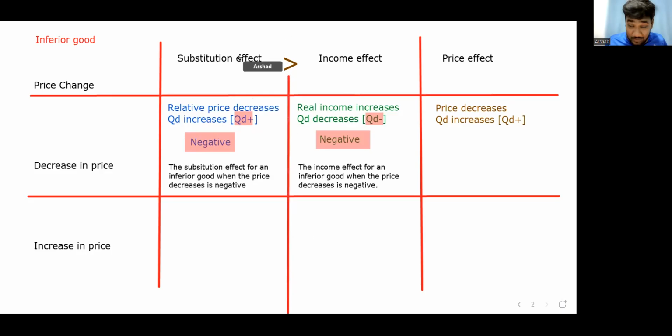So the substitution effect for an inferior good is more powerful than the income effect.